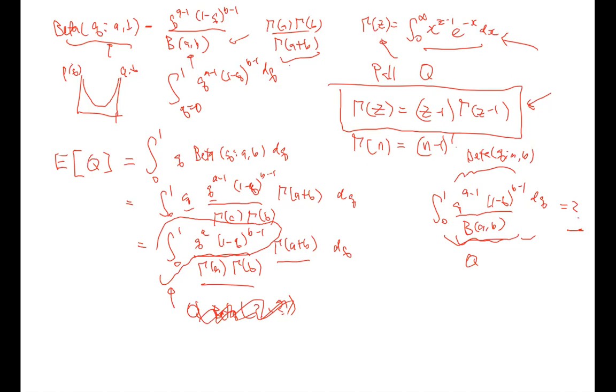This is different from before. Note that here I didn't multiply by Q, whereas earlier I multiplied by Q. So this is not the expectation of Q; I'm simply integrating the distribution from 0 to 1.